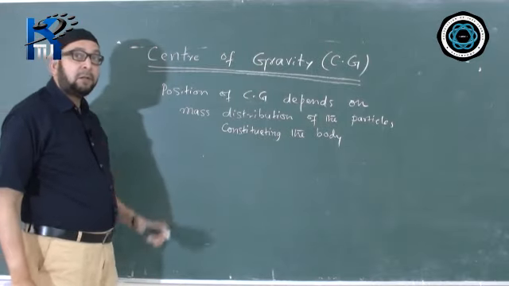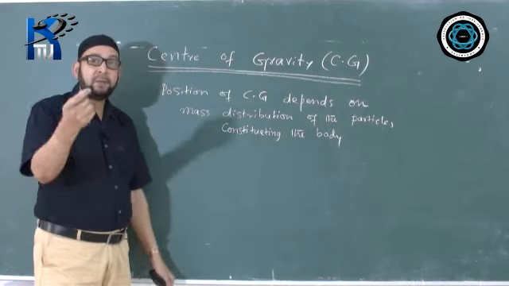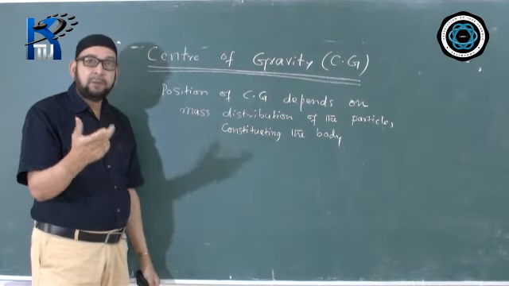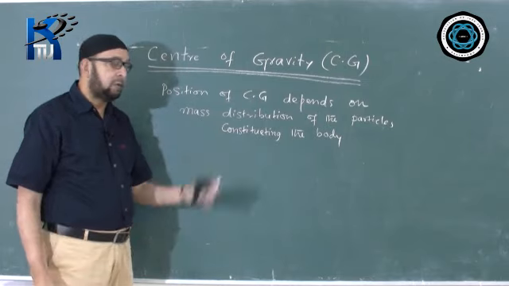That means center of gravity depends upon the shape and size of the body and the structure. What kind of structure, what type of shape, or what is the size of the body, it depends on that.